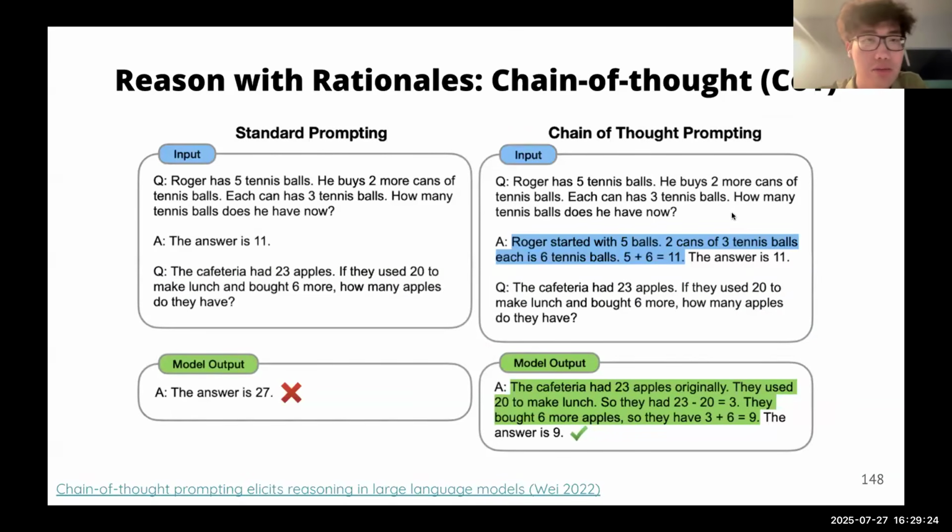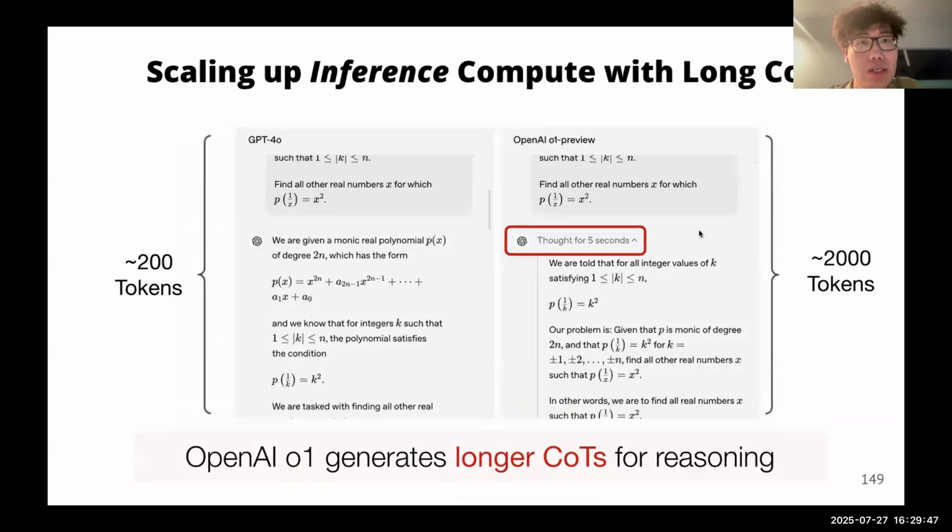For training those reasoning models or improving reasoning performance, one very important technique is the so-called chain of thought, where instead of letting the model directly generate the answers, we let the model first generate the rationales for solving the problems, followed by the answers.